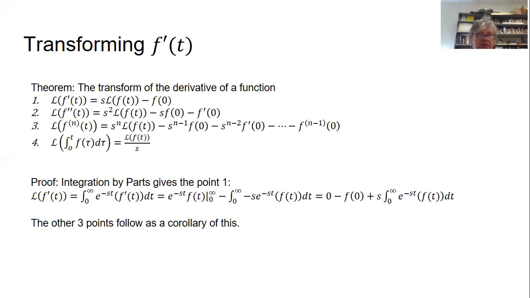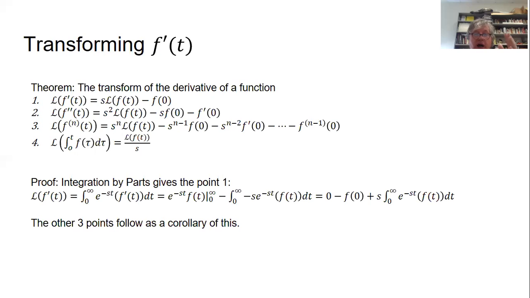So the Laplace transform of the derivative, we use parts. We get e to the minus st times f of t between 0 and infinity. Because f is of exponential order, that's going to be 0 at infinity.